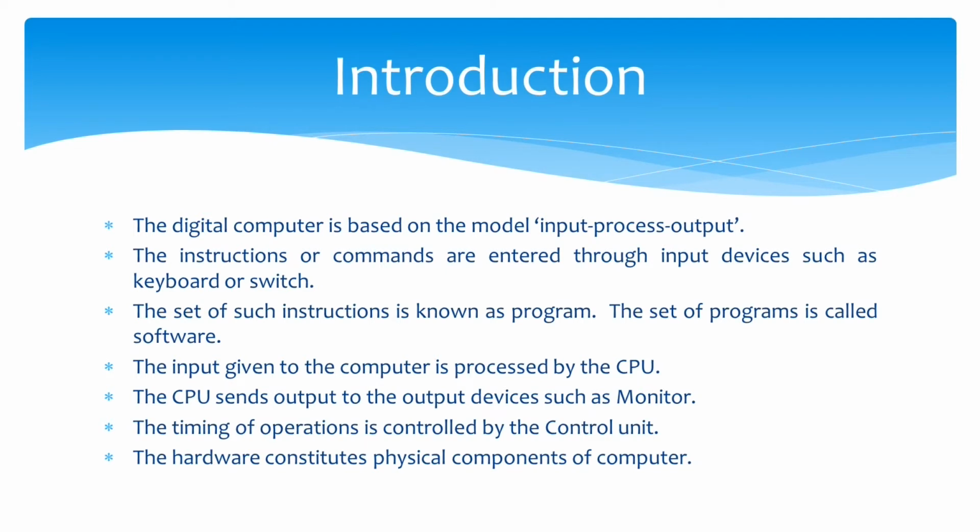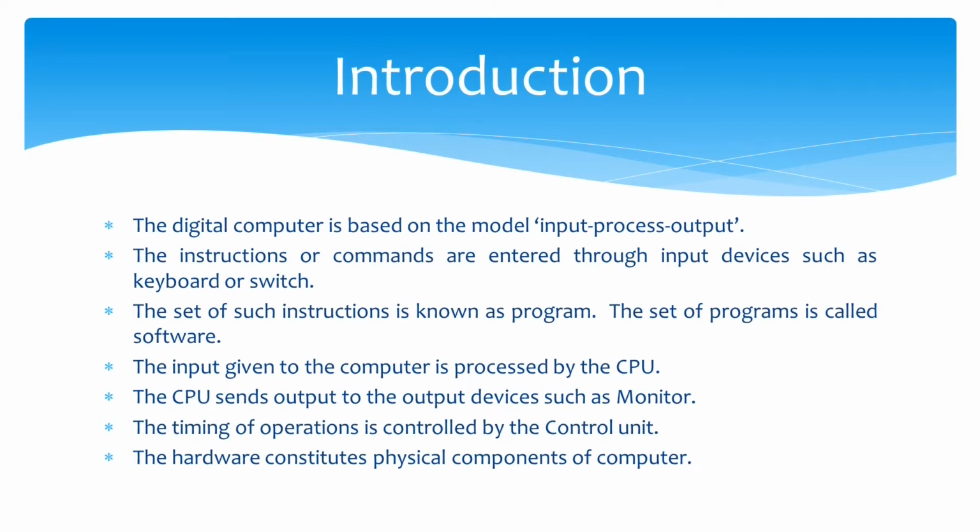Now, input is given to the computer, is processed by CPU, and whatever output is produced, the CPU sends the output to the output device, which may be a monitor, LCD monitor, or it may be LED also. The timing of operation is controlled by the control unit, that is why it is known as a control unit.